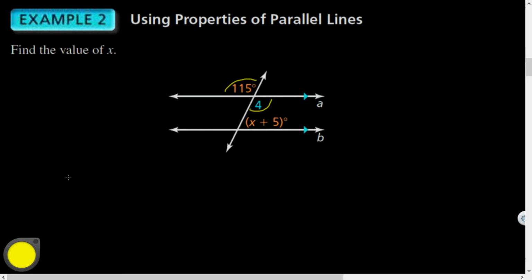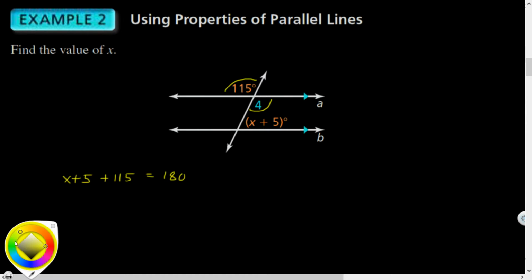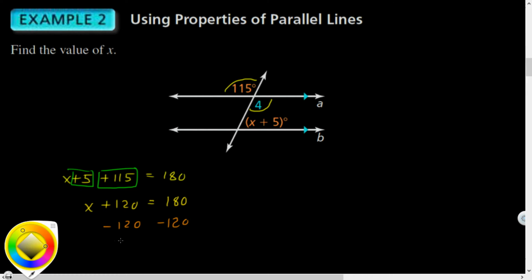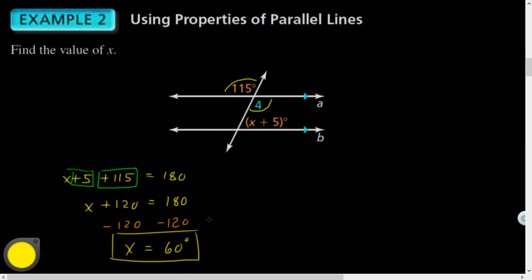So we are going to say that x plus 5 plus 115 is equal to 180. Right? In this case, they didn't ask us to justify all of our reasons, so we will not. So then I can solve. I'd combine like terms there. We'll subtract 120 from both sides using the subtraction property of equality. I love it when Algebra 1 comes back. So looks like x is 60.